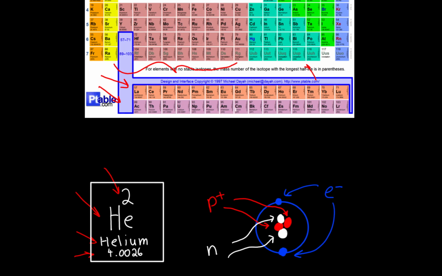So the atomic number can count for either protons, it'll give us the number of protons, or the number of electrons. So protons or electrons. Helium's the abbreviation again, the word helium. And then the mass at the bottom is in AMUs.